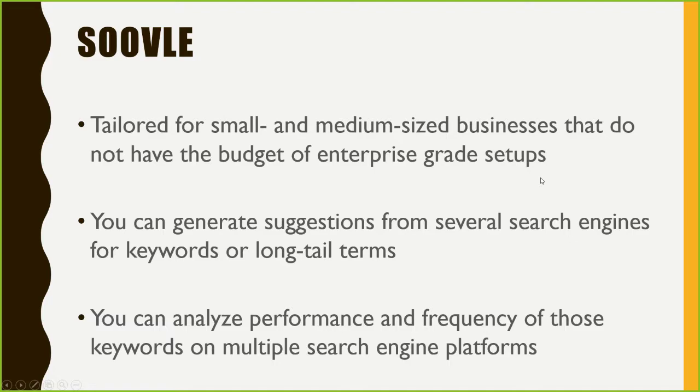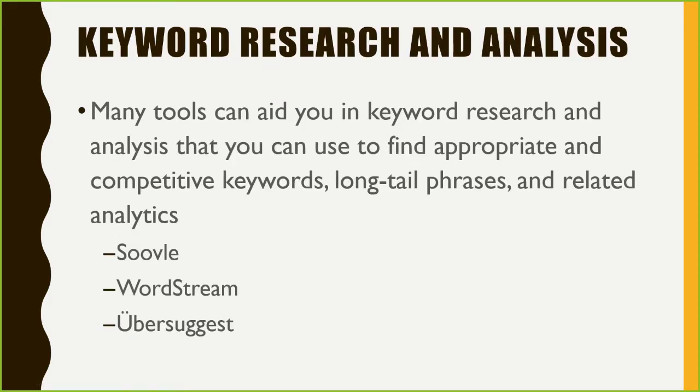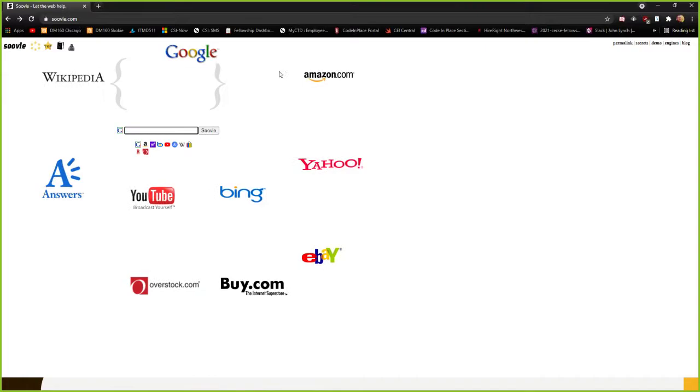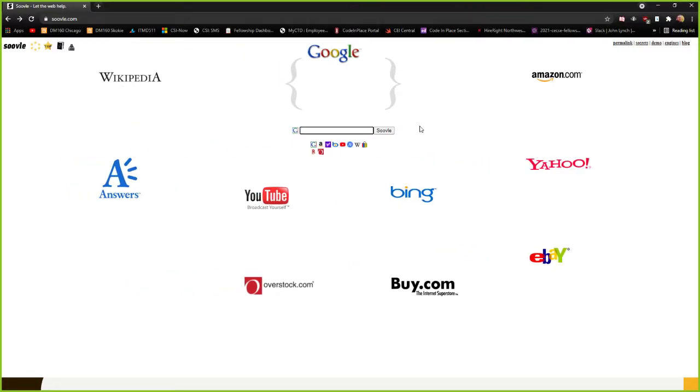You can look at the keywords, long tail phrases, and some other analytics that happen when you're using these search engines with these specific categories. Suval is a really neat tool that lets you search for a keyword or a phrase on these different platforms.